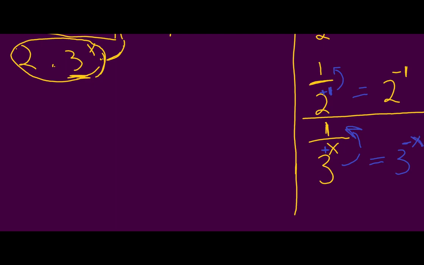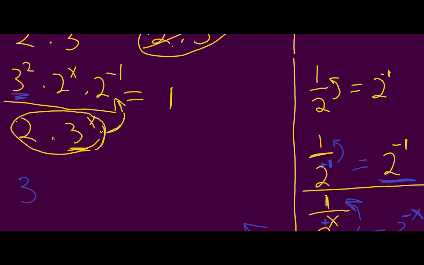Then we're going to use these values we got and plug them into the numerator. Times 2 to exponent x times 2 negative 1, right? Then I'm taking this denominator to the numerator, right?